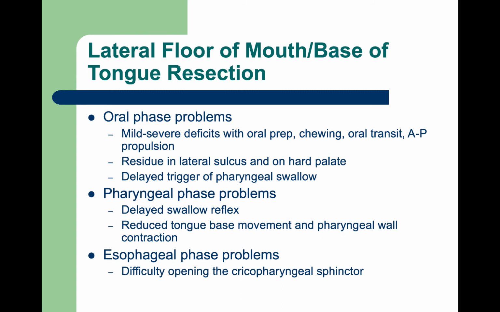How could we improve the trigger or decrease the delay? Yes, think thermal stim has shown to be effective for some individuals with head and neck cancer. And lastly, we might want to teach a protective strategy like the supraglottic swallow. We talked about that earlier, and again, because these clients are cognitively intact, that is going to add additional protection of the airway.